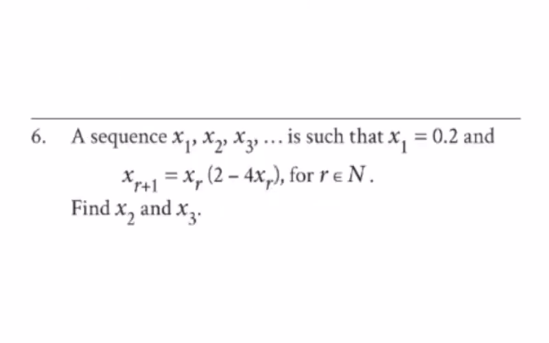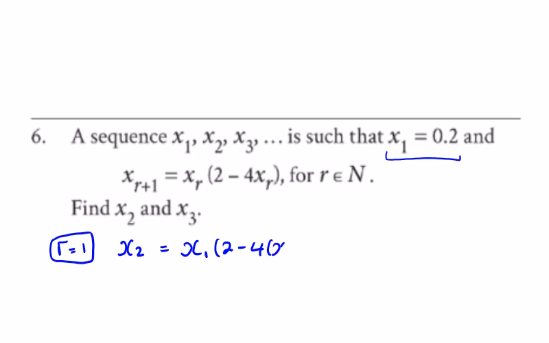Question 6, we have x1 is 0.2, and we just have r instead of n now. x2 is when r is equal to 1, you can see. So when r is 1, we get x1 times (2 minus 4 times x1). So x1 is 0.2, can we do it without a calculator? 0.2 times (2 minus 4 times 0.2).